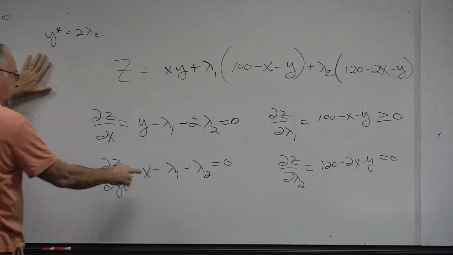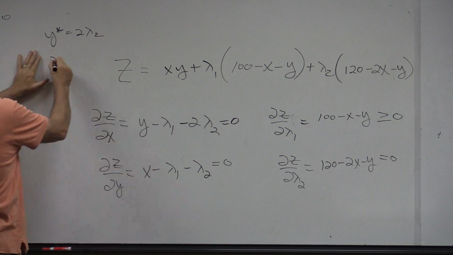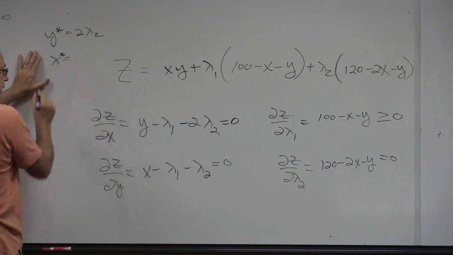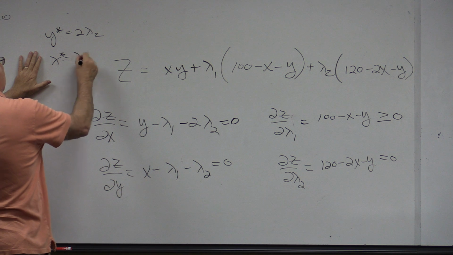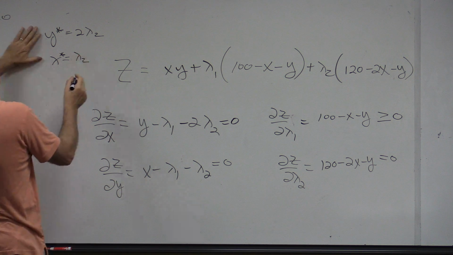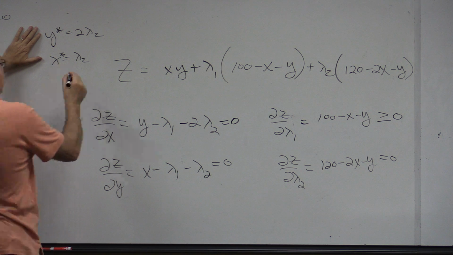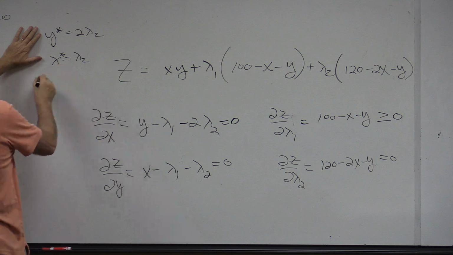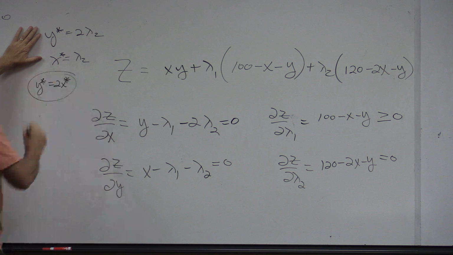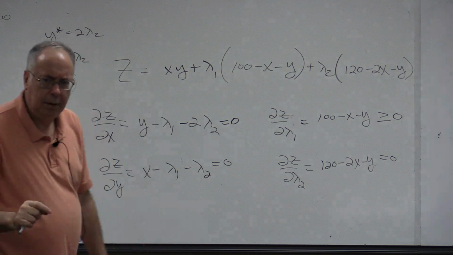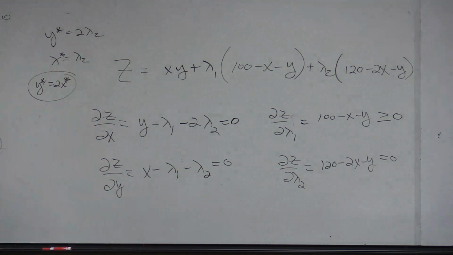Here, x star is equal to lambda 2 star. So what does that mean about y and x? That means y star is 2x star. Okay. And actually, isn't that what we found before? Oh, okay. Yeah, y star was equal to 80 and x was equal to 20.